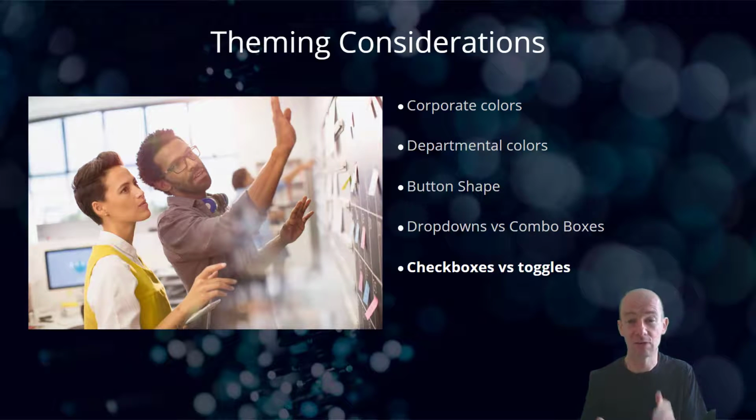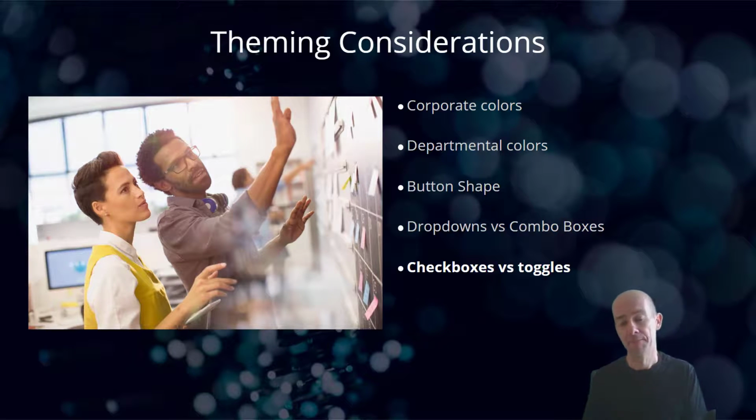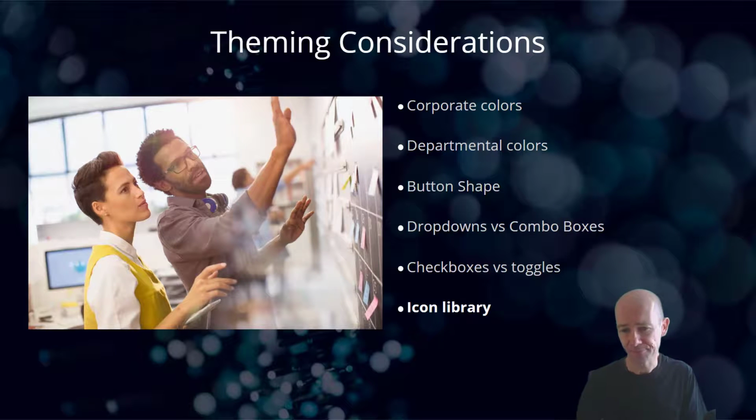You get a true false value that comes out, but really, do you want to have a toggle, or do you want to have a checkbox? The thing with toggles is that you've then got to change the true text and the false text, whereas with a checkbox, they're pretty obvious what they actually do, but toggles do look a little bit nicer as well. So there's an interesting conversation to be had on that.